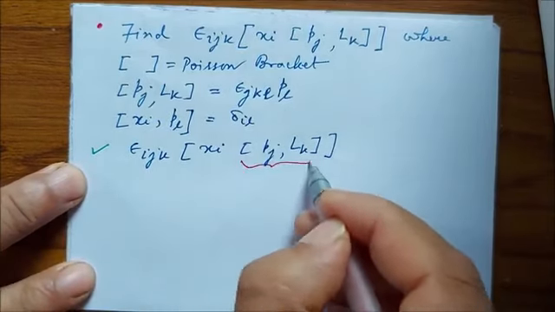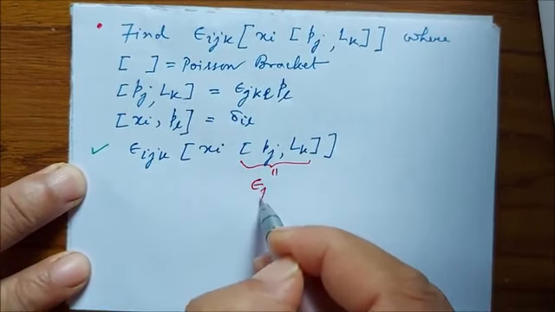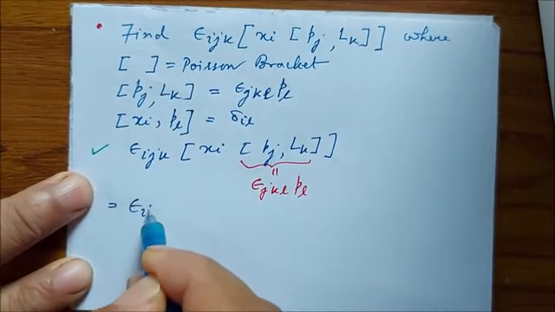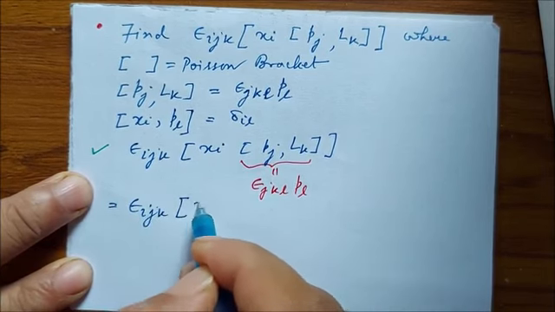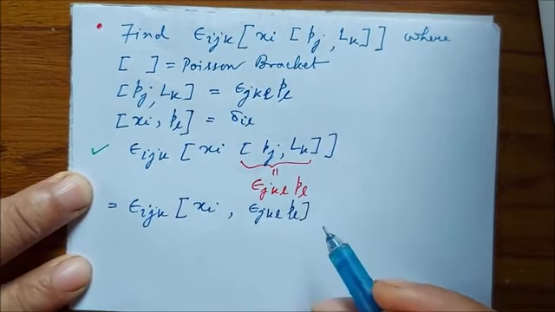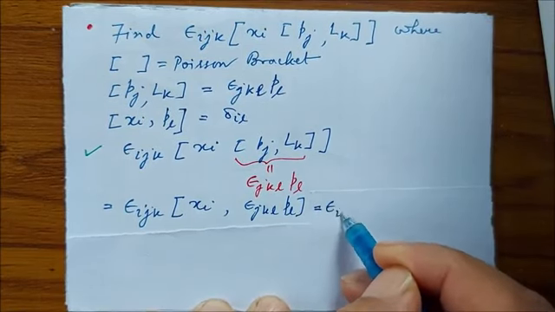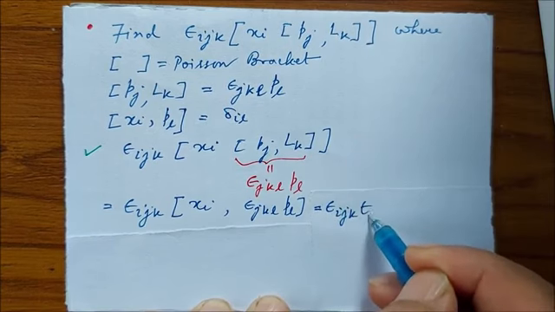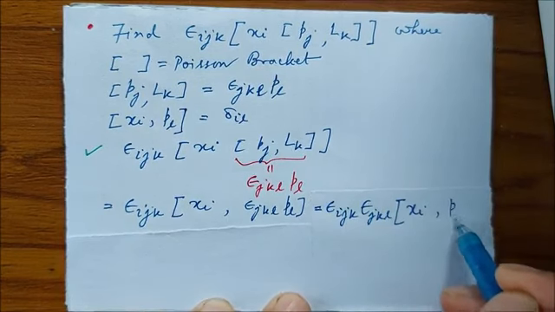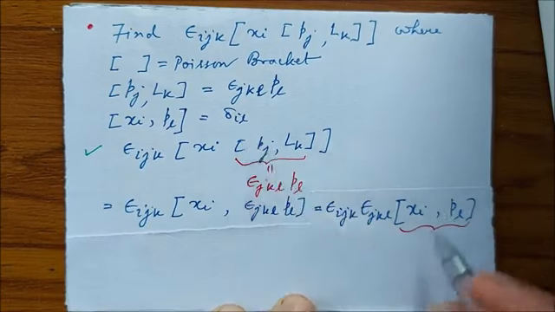Now the solution, let us copy the given expression. Let us use the given formula. Instead of this one, we can write epsilon jkl pl. So in the next step we have, we can take epsilon jkl outside this Poisson bracket. So this is what we have, and the value of it is given to be Kronecker delta il.